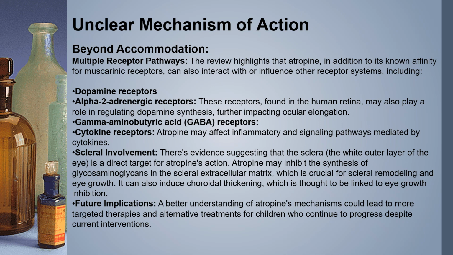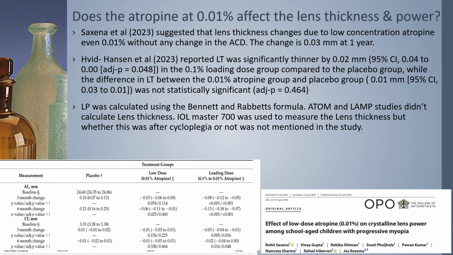So at this point of time, it is not exactly known on which particular pathway, which particular organ system, or which particular layer of the eye atropine is working. But it has also been talked about that there may be multimodal action, and we will also talk about how atropine may affect lens thickness.